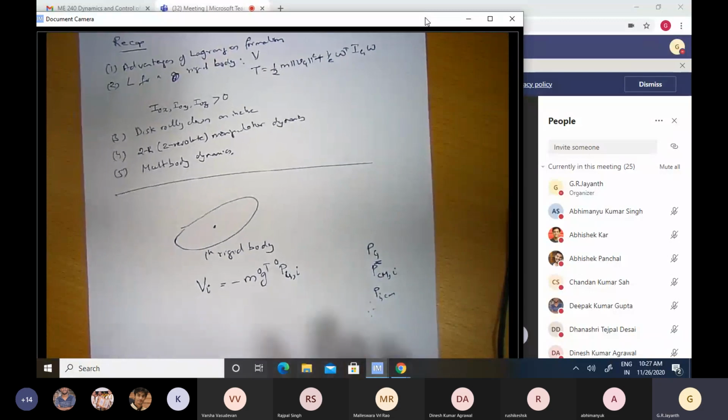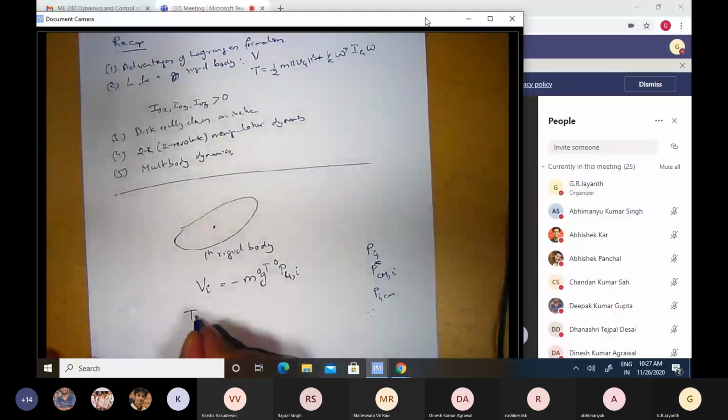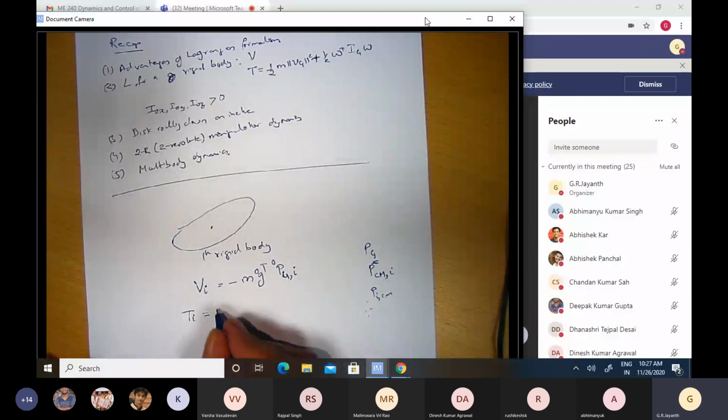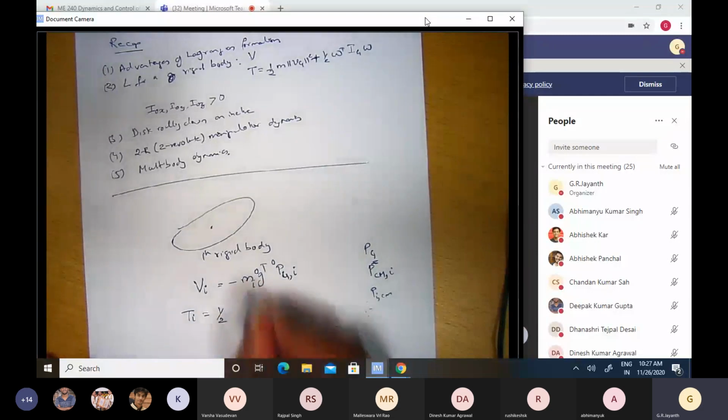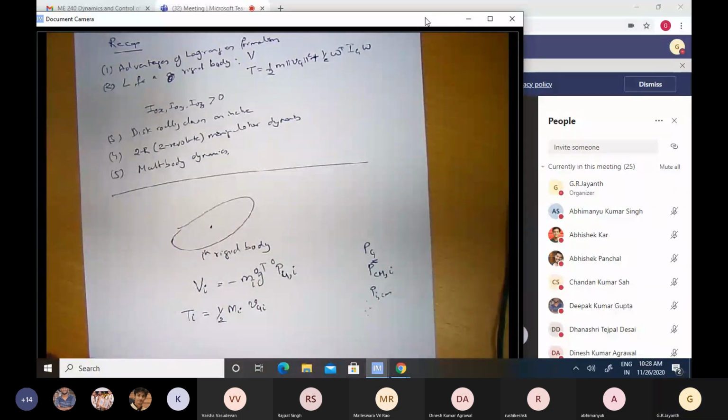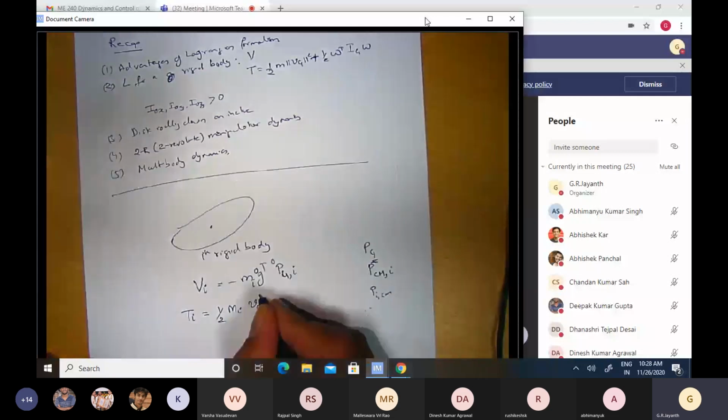The expression for potential energy was straightforward. The expression for kinetic energy had, as I said, a linear velocity, a translational velocity component, which was half m_i, V_gi transpose V_gi.